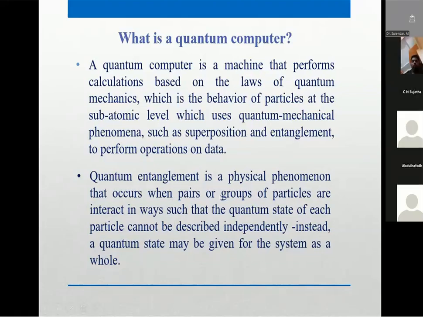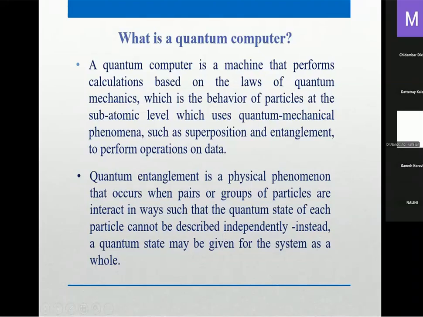Quantum entanglement is a physical phenomenon that occurs when pairs or groups of particles interact in such a way that the quantum state of each particle cannot be described independently. As we are going to see, but I will just explain, when a pair in a bit truth table, there may be possibility that some of the members may not have an electronics background.